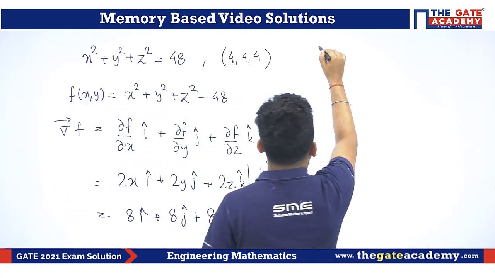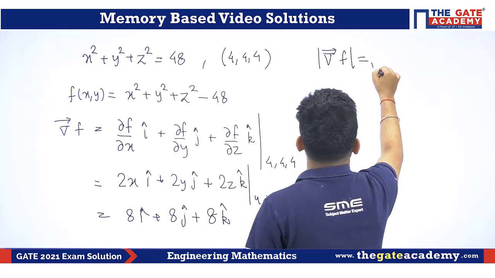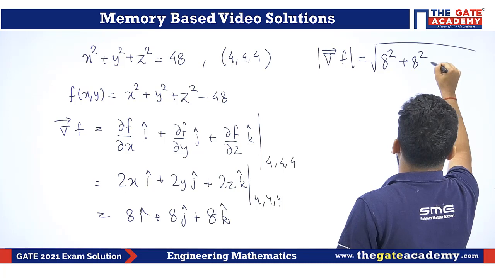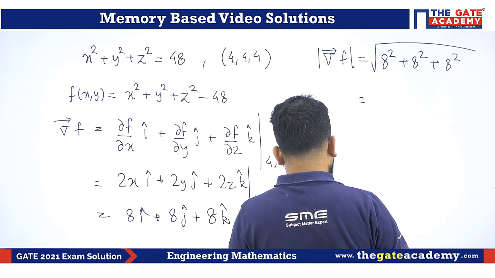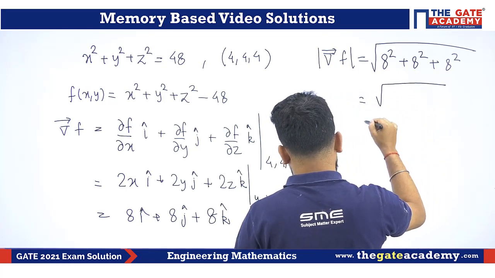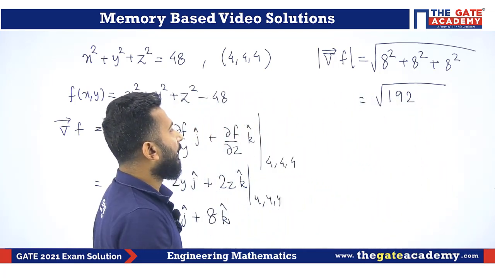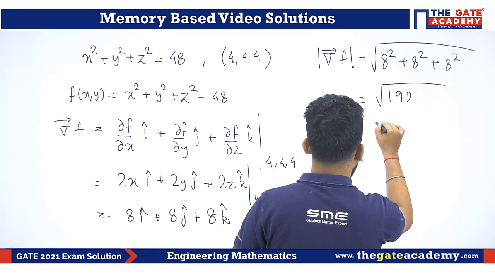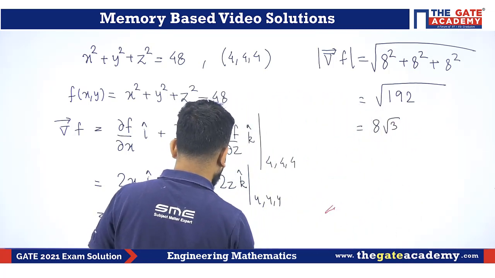Now what is the magnitude of this vector? The magnitude is root over 8 square plus 8 square plus 8 square, and it is coming out to be, I guess, 192, right? Again, if you simplify this, it is coming out to be 8 root 3.